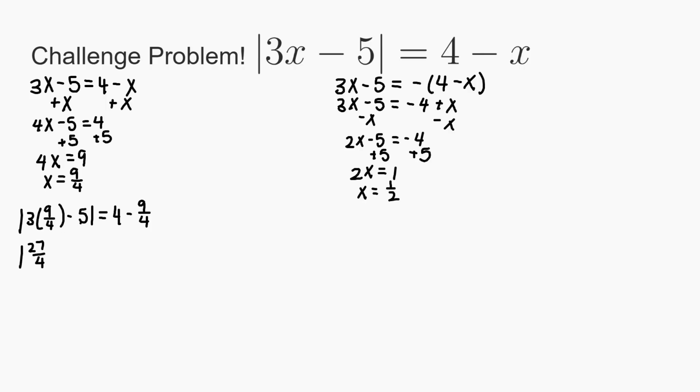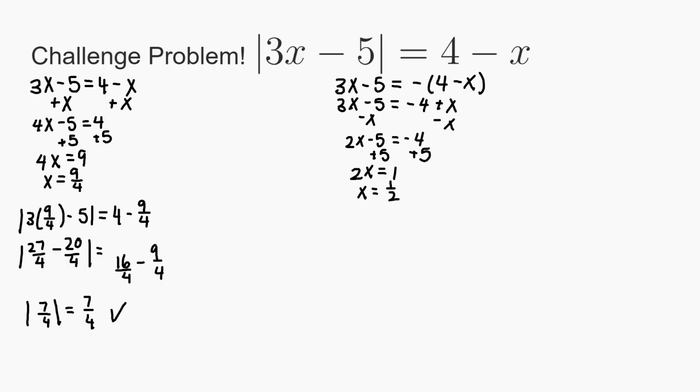Just to make it easier to subtract, we can make this also have a denominator 4. So we'll make this 20 divided by 4. We can make this 16 divided by 4, which is 4 minus 9/4. So this would be 7 divided by 4. The value of that equals 7/4. We know this is correct. x equals 9/4 is a valid solution.